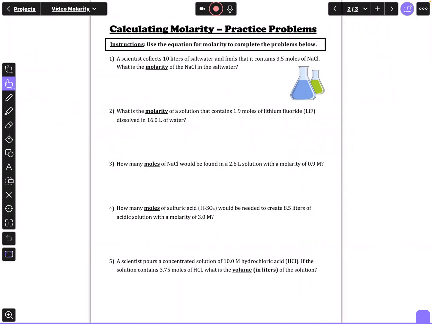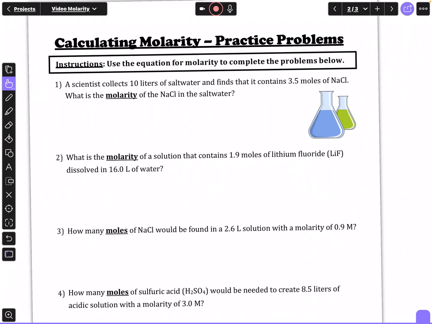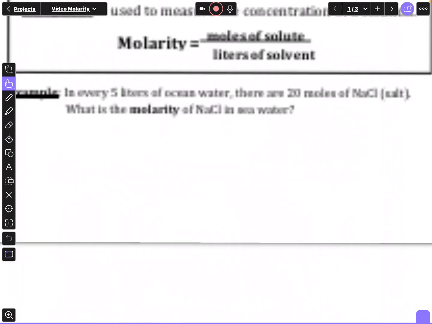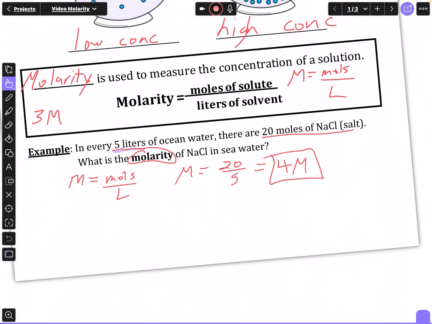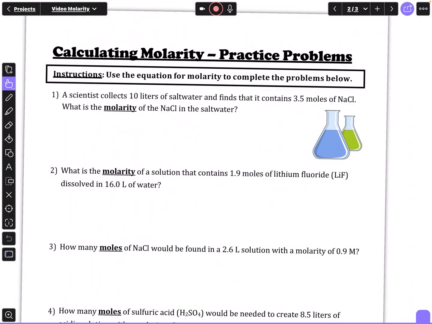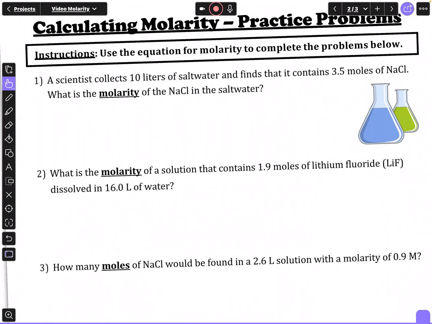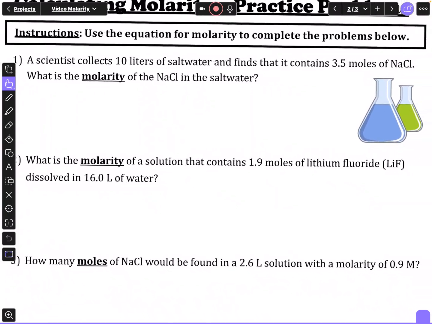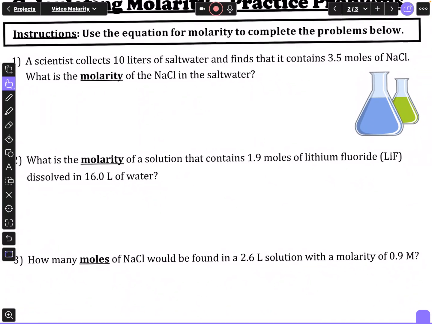Okay, so if we look at our next example problem, and by the way, these are the guided notes that you should have in front of you, the introduction to molarity ones. A scientist collects 10 liters of salt water. So we've got 10 liters of solution, and 3.5 moles of NaCl. What's the molarity?